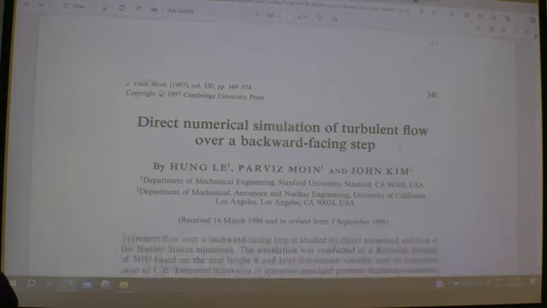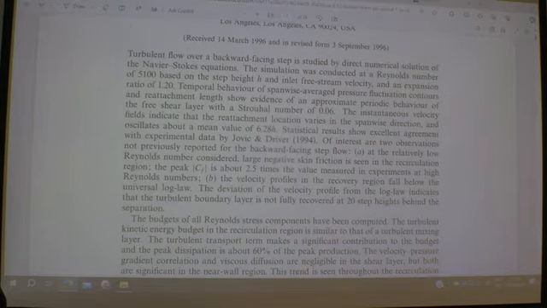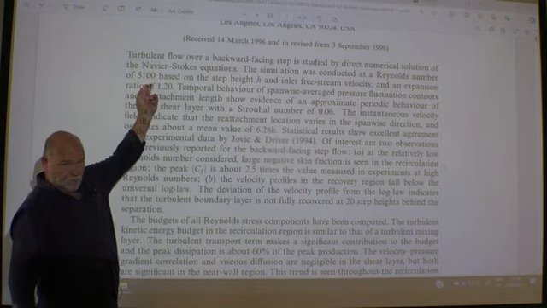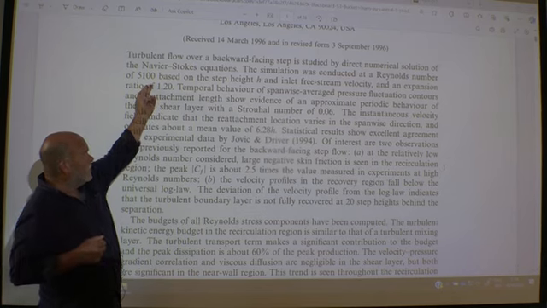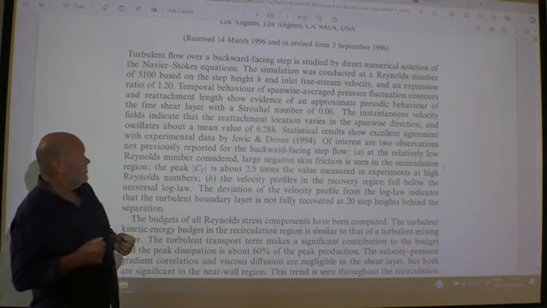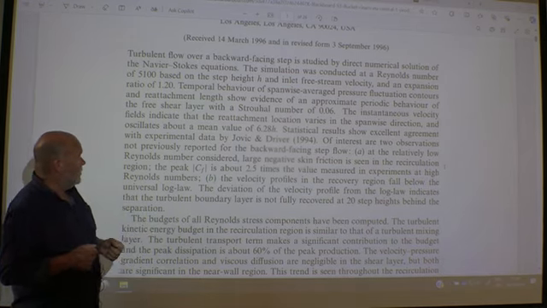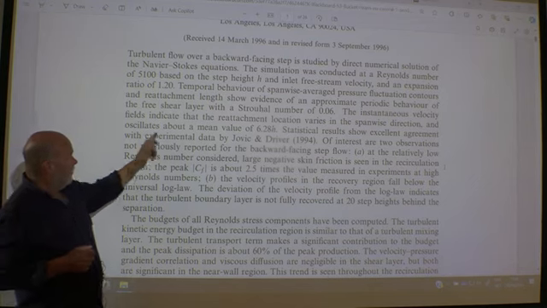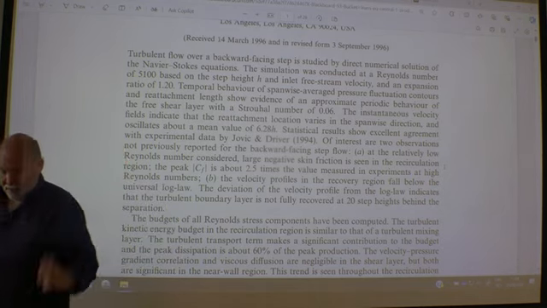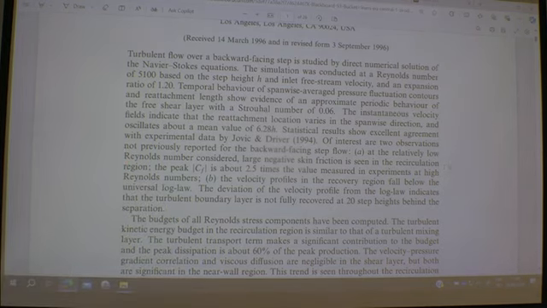And actually the information you need here is the Reynolds number based on the inlet, the step height, 5,100, so it's just turbulent. And the reattachment length, 6.28. That's the only two numbers you need to know from this article.